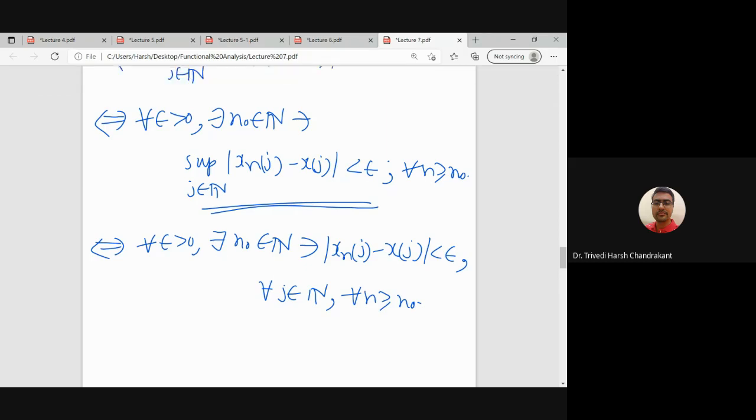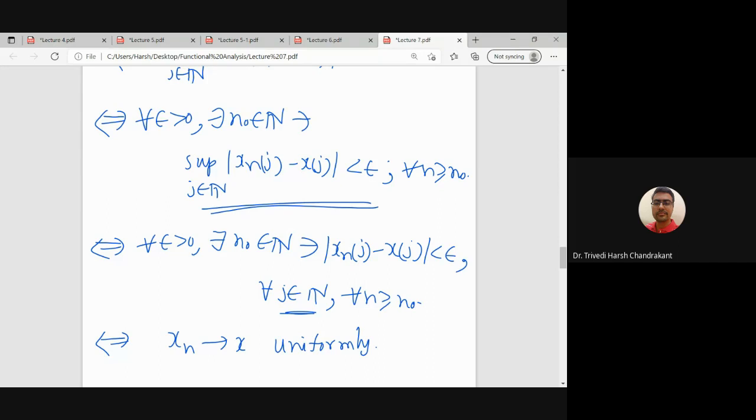So if some function satisfies this property for every coordinate, then what can we say about the convergence of such a function? We call it uniform convergence, right?